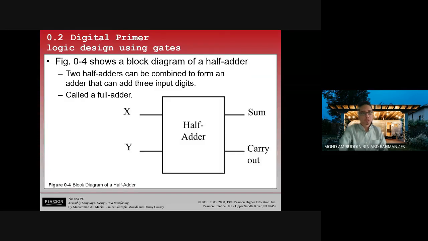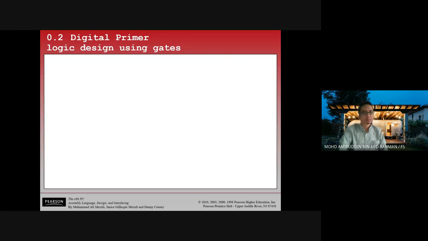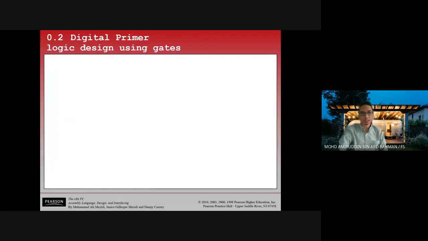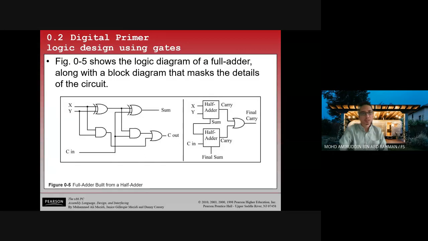This figure shows a block diagram of a half adder, and two half adders can be combined to form an adder that can add 3 input digits. For example, we use the XOR gate, and we add another one, so it will be double, as you can see here.